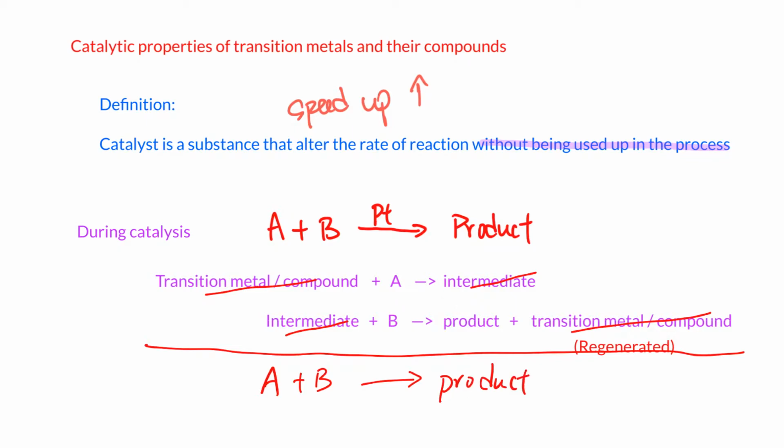We call this transition metal or compound a catalyst because it can be regenerated. Catalysts normally speed up the reaction, but some slow down the reaction as well. Most of the time you just consider speeding up the reaction.